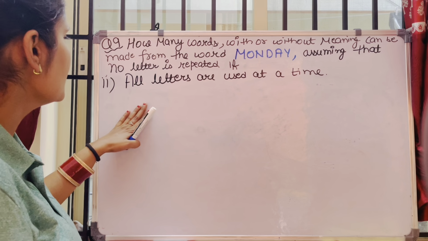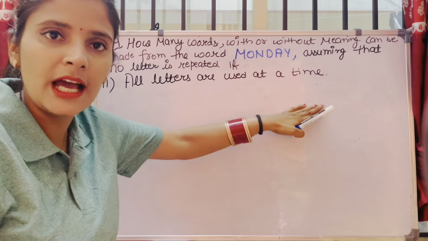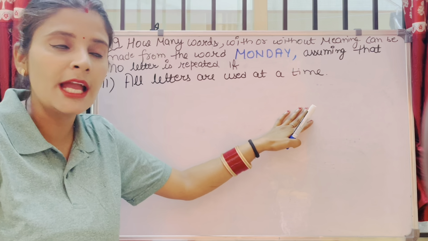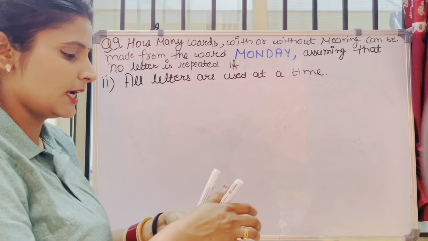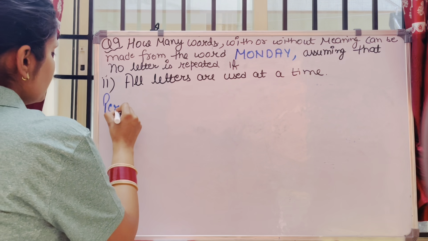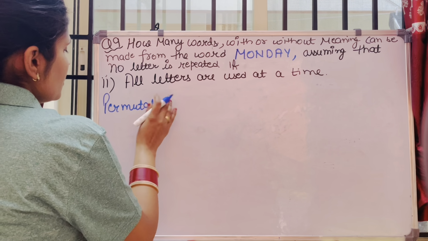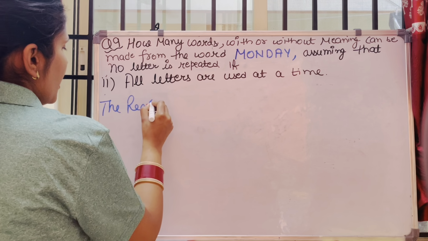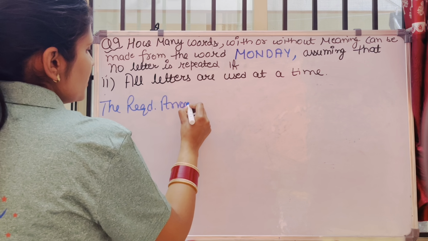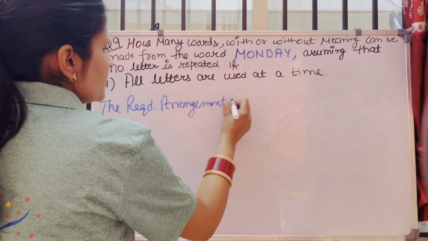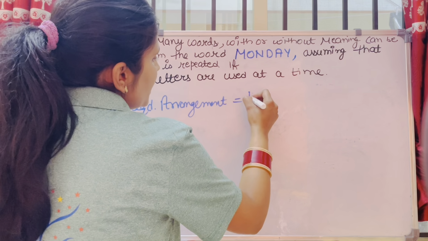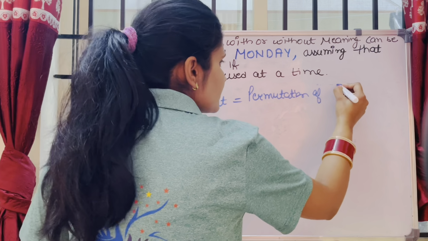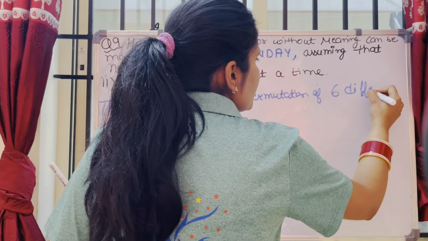So the second condition is all letters are used at a time. In the previous condition, all 4 letters were used at a time, and here all letters are used at a time. So the required arrangement is equal to the permutation of 6 different letters.